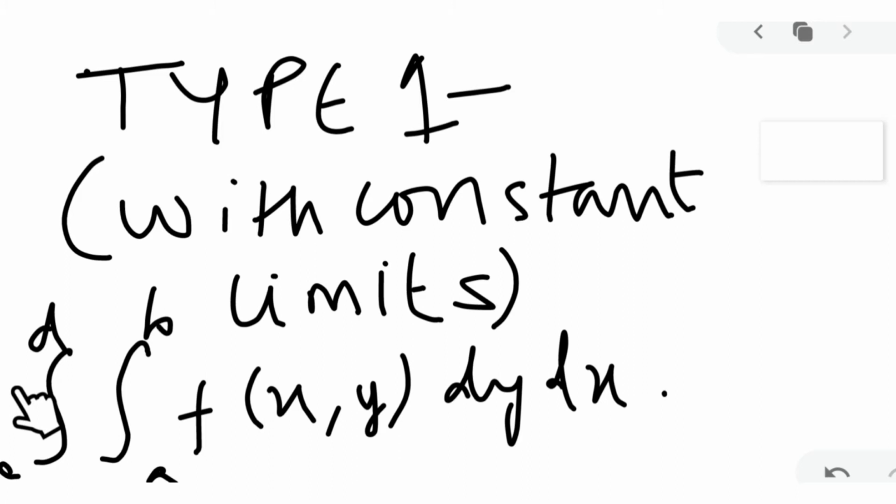For this type of question, since dy is here, the first limits are of y, and then dx is here, therefore the second limits are of x. So first we need to integrate dy. When we integrate dy, we always have to remember that for dy we need to take the limits of y only. We can't take the limits of x.